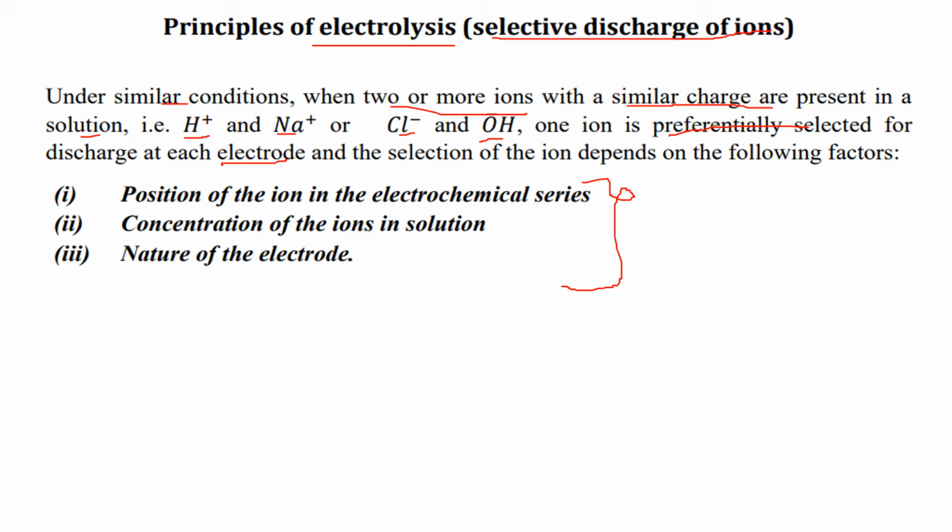So for discharge to take place, the following factors are going to be put into consideration, and one of them is going to be the position of the ion in the electrochemical series, which we are going to look at in detail, together with the concentration of the ions that are present in solution, and the nature of the electrode that is being used in the electrolytic cell. Now let's first look deeper into the details about position of the ion in the electrochemical series.